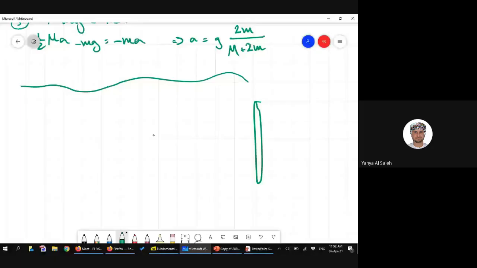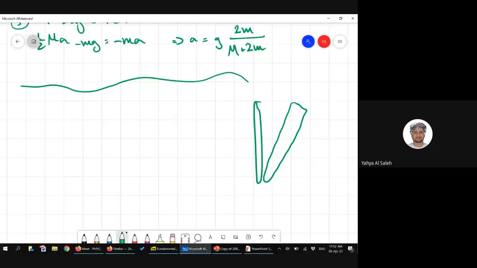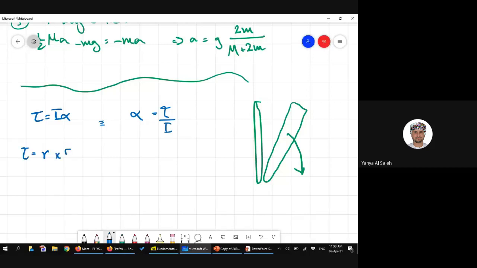We're trying to balance this, and if it's too much, then it will fall down, which is a rotation. So torque is involved. Torque equals I alpha. Otherwise, I can say alpha equals torque over I. Torque equals R cross F, which is equal to R mg sine theta.